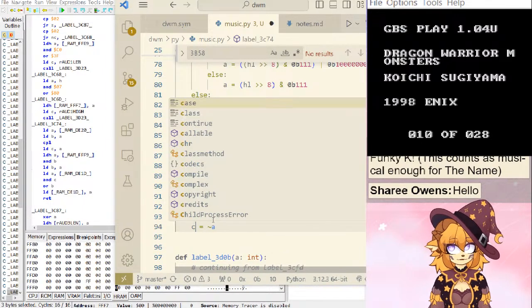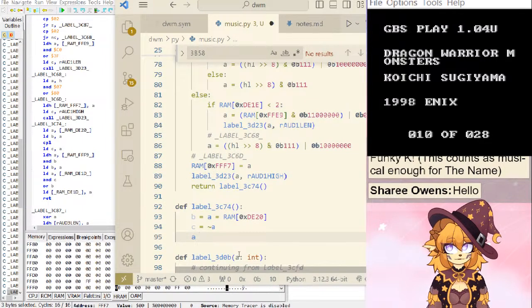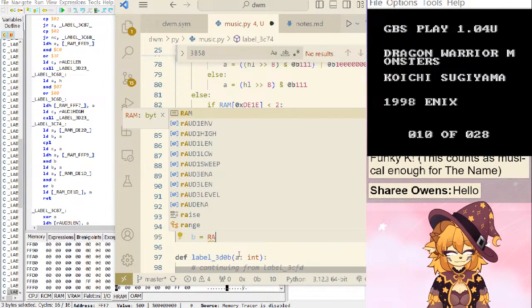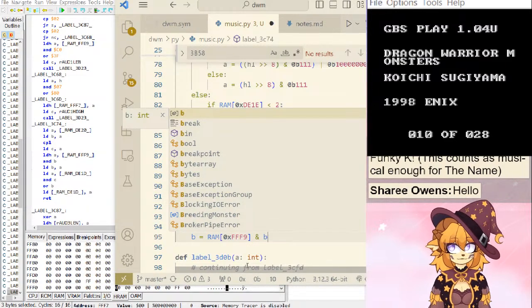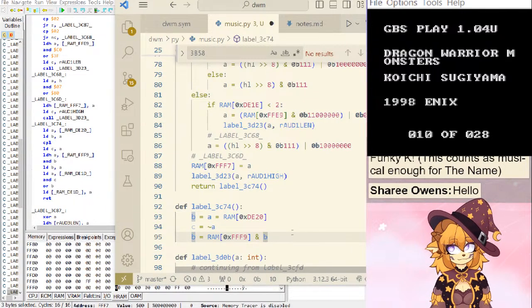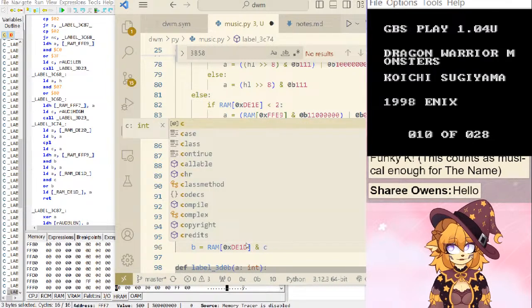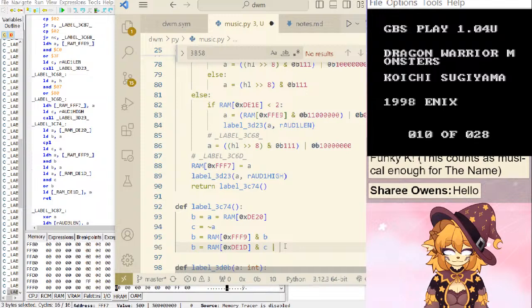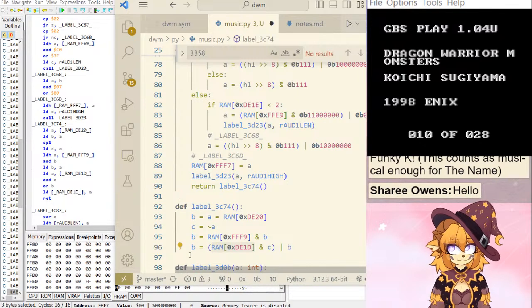Put into C. B equals RAM 0xFF9 and B. Puts that into A, ANDs it, and then puts it back into B. DE1D ANDs with C, and then ORs it with B, and puts that back into DE1D. And returns.